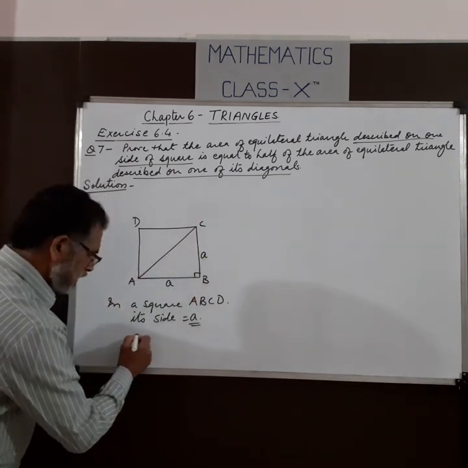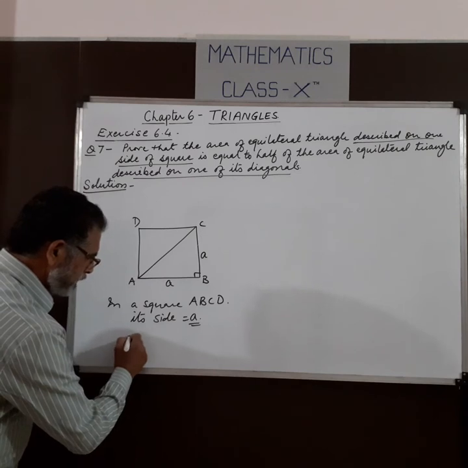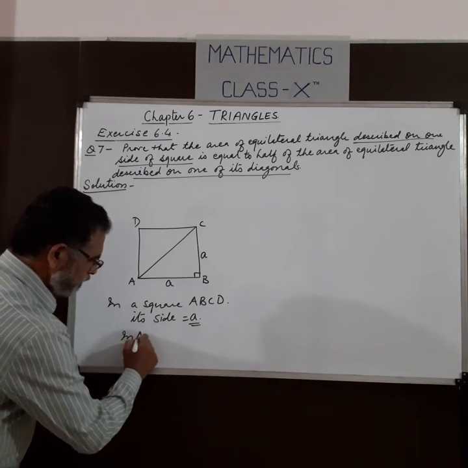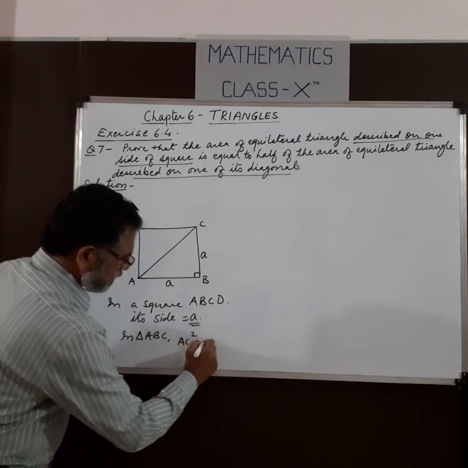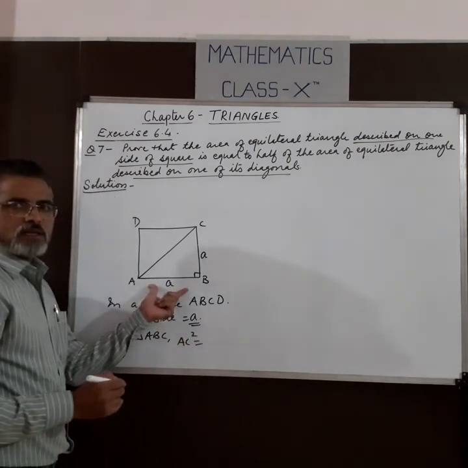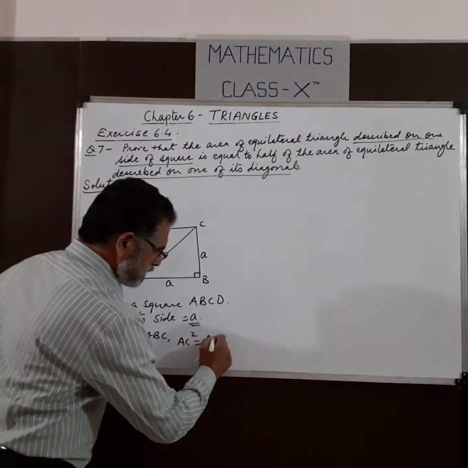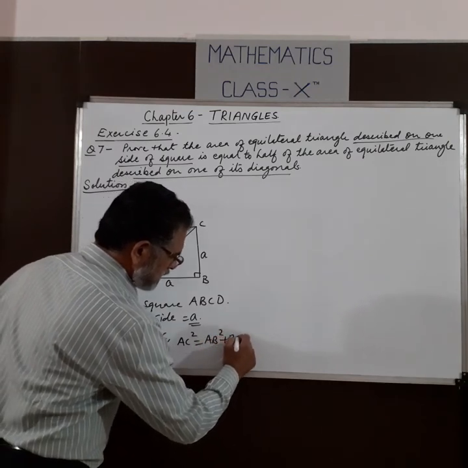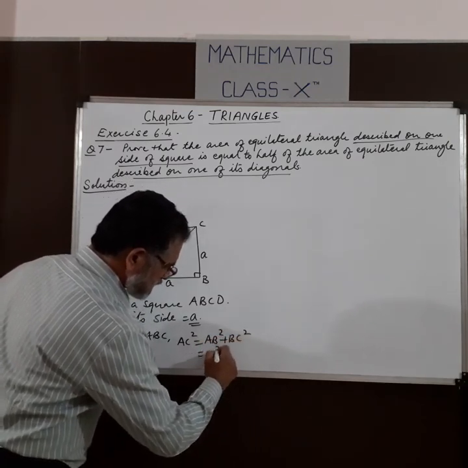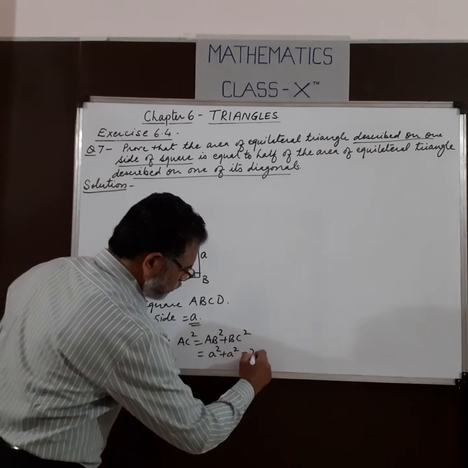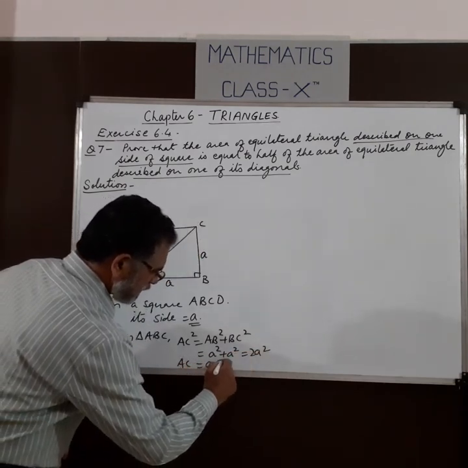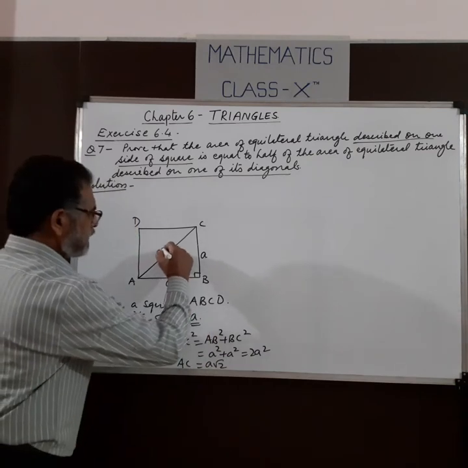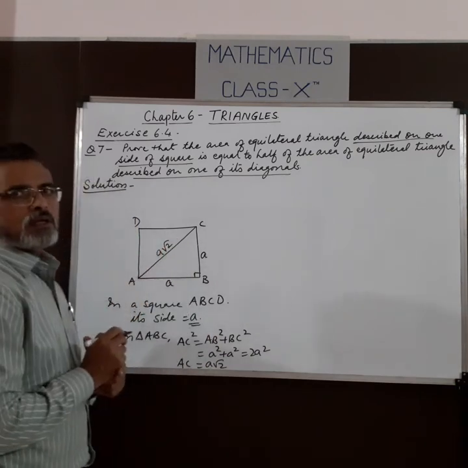So what is the length of the diagonal? In triangle ABC, AC square will be, by using the Pythagoras theorem, AB square plus BC square, that is A square plus A square, that is 2A square. So AC becomes A into under root 2. So the length of the diagonal is A under root 2.